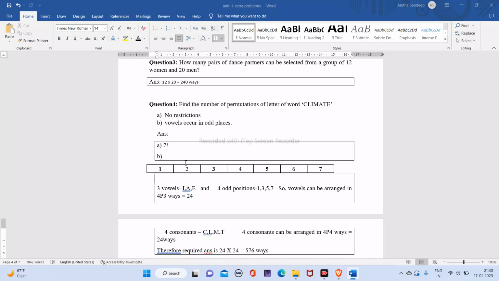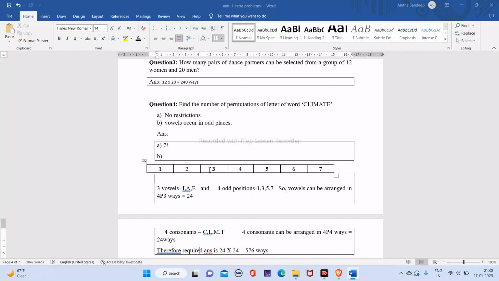Next is vowels occur in odd places. So there are totally 7 positions, 1, 2, 3, 4, 5, 6, 7, and it is given that vowels must occur in odd places. So odd places you have 1, 3, 5 and 7. So these 3 vowels A, E and I, and there are 4 odd positions, 1, 3, 5, 7. So these vowels can be arranged in 4P3, which is 24 ways.